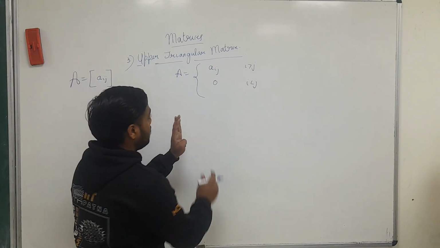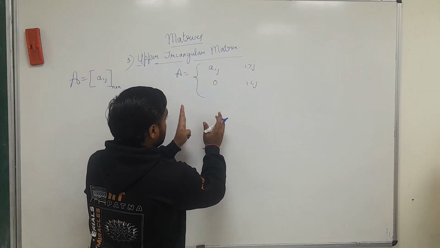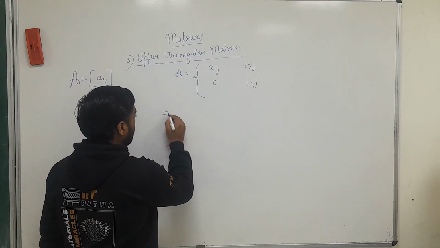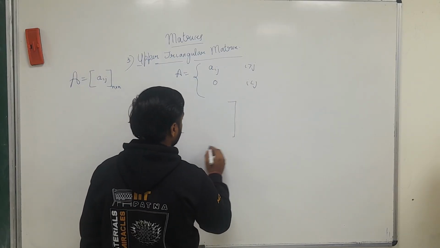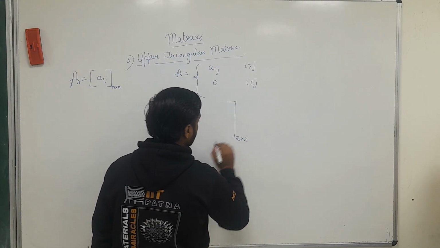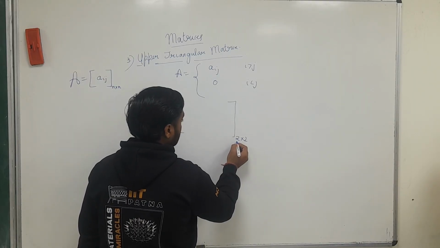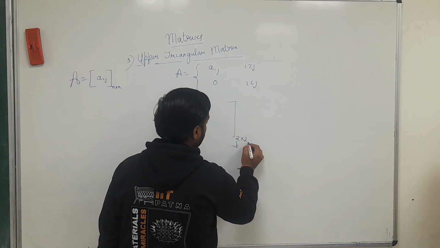So this matrix will look like this. Suppose we have a 2 cross 2 matrix whose number of rows is 2 and number of columns is 2.